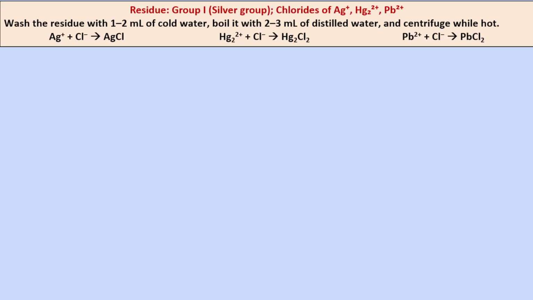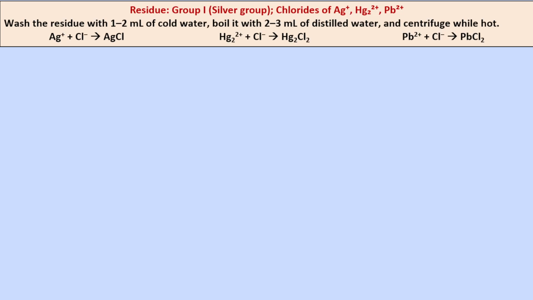Scheme for analysis of group 1 cations. Begin with the white residue. They may contain group 1 cations. The residue is washed with 1 or 2 ml of cold water. Then boil the residue with 2-3 ml of distilled water and centrifuge the mixture while it is still hot.